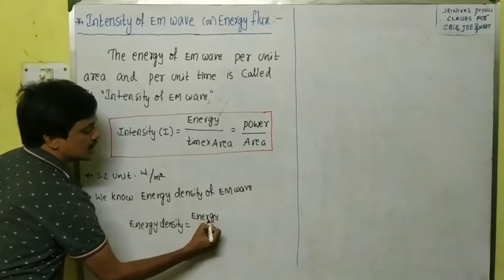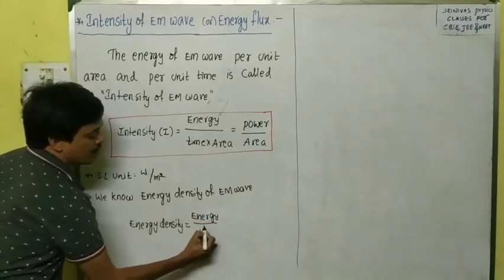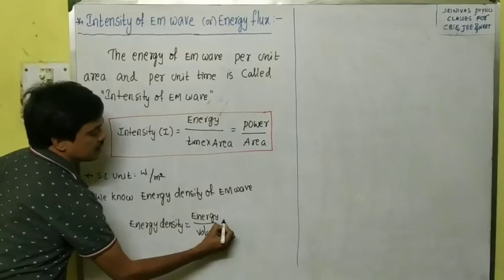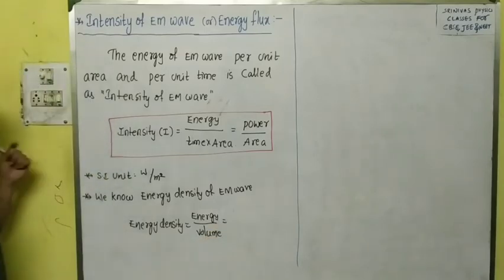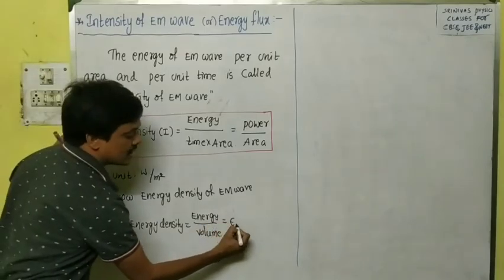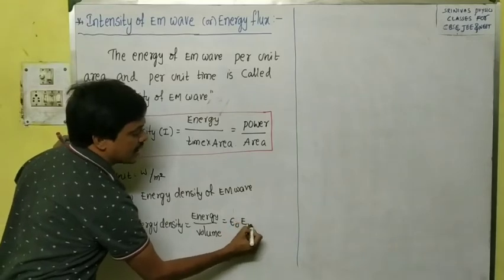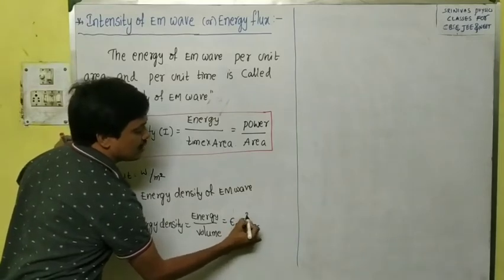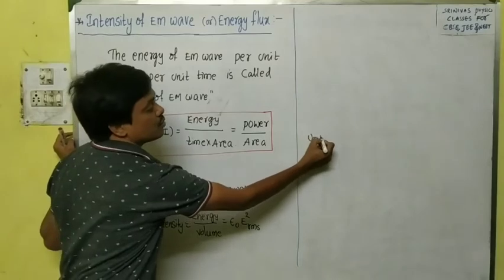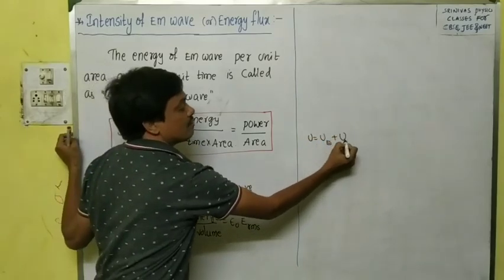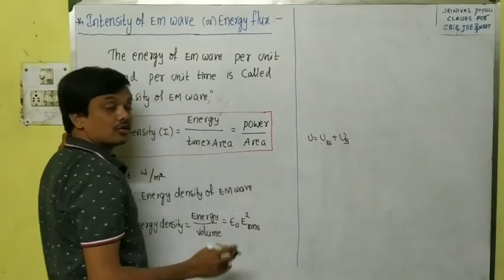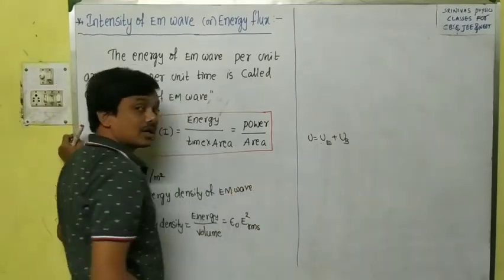Yes, energy by volume. This is the formula, the energy density of EM wave formula we derived previously: epsilon naught ERMS square. We know energy density of EM wave is UE plus UB. EM wave means it has electric and magnetic fields, so we have to add both energies.